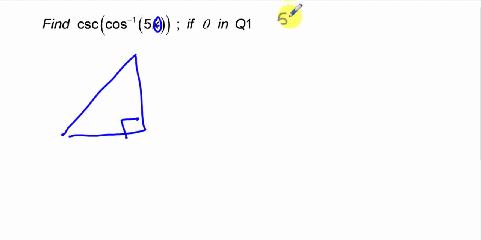And it says I'm in the first quadrant, so I'll draw again a first quadrant triangle. And there's actually a ratio here, 5 theta is equal to 5 theta over 1. And if I'm talking about a cosine value, that's the x over the r value. So my r is 1 in this case, my x is 5 theta.